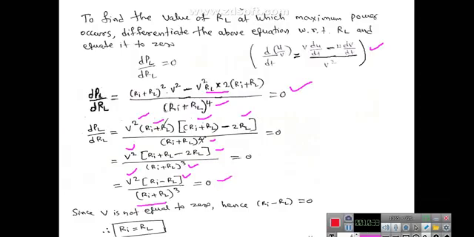Since V is not equal to 0, Ri minus RL must be equal to 0. From this you can easily find the condition Ri is equal to RL. That is the statement of the maximum power transfer theorem.